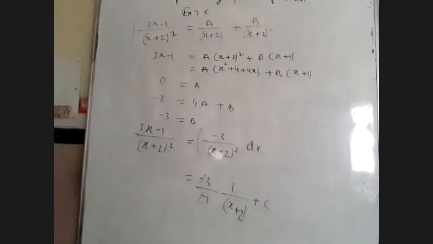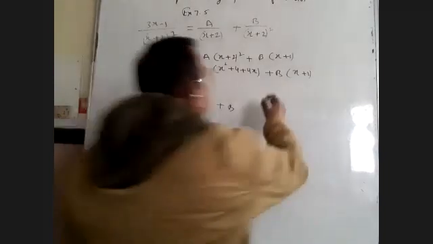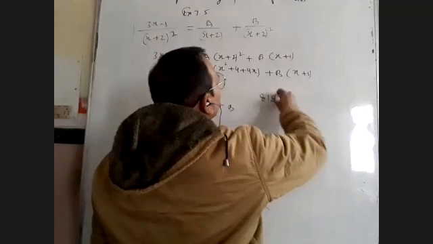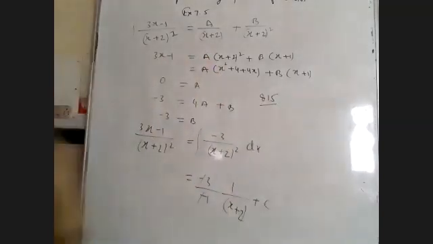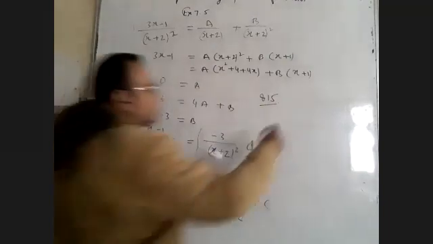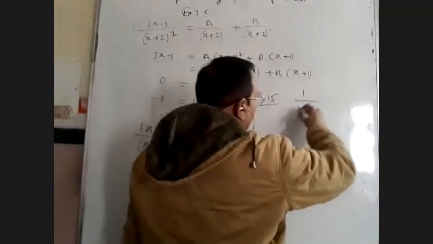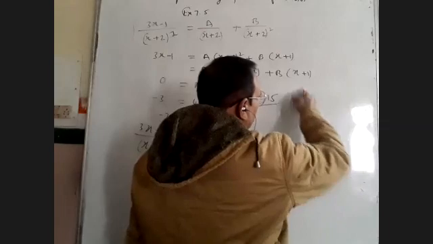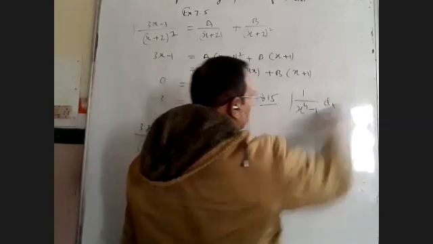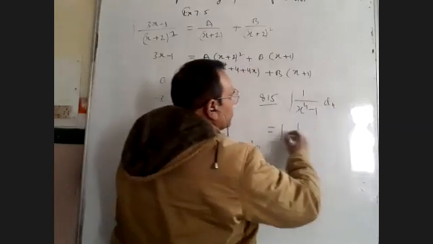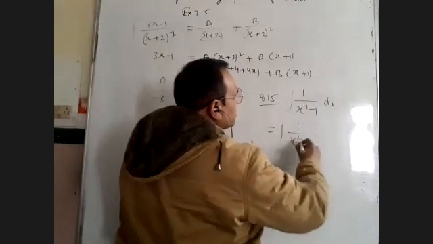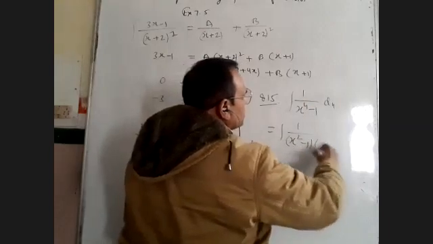In question number 15, you can do it in this way. 1 upon x to the power 4 minus 1. You have to factorize this expression. Then it becomes 1 upon x square minus 1, x square plus 1.